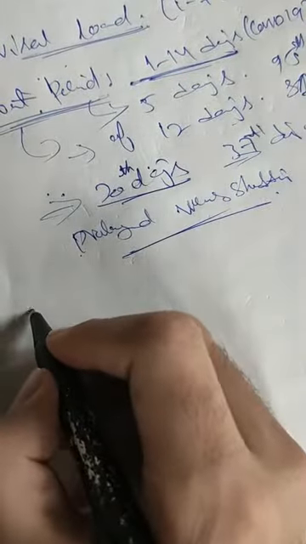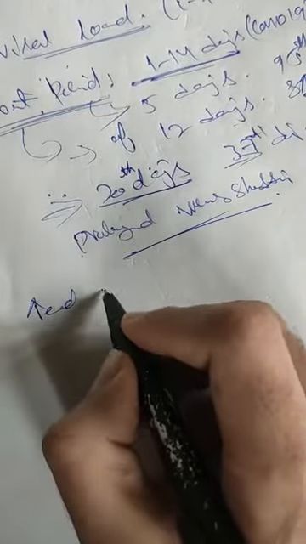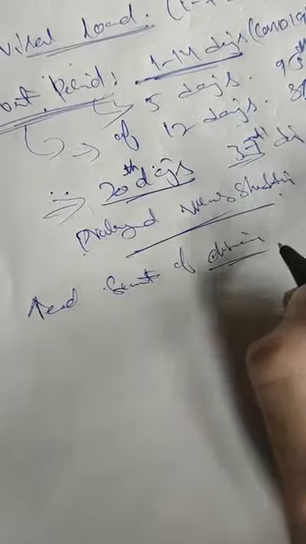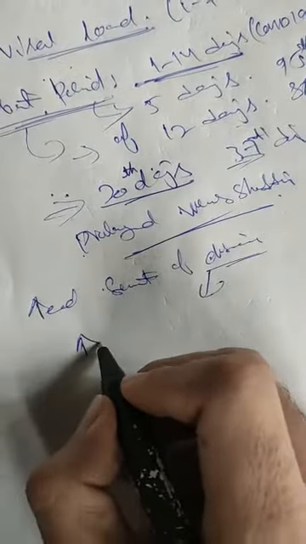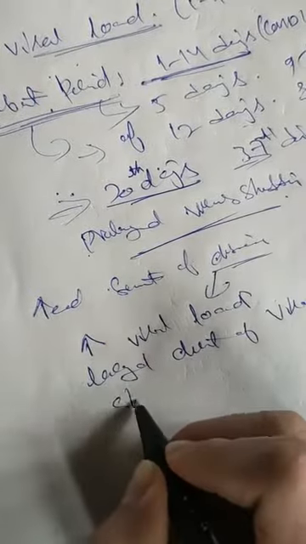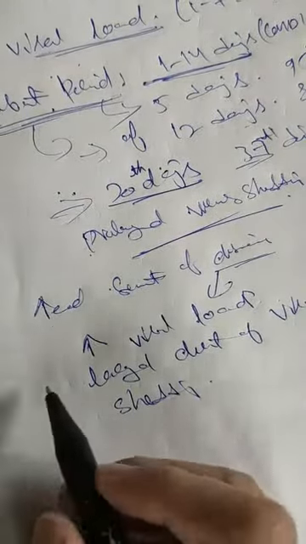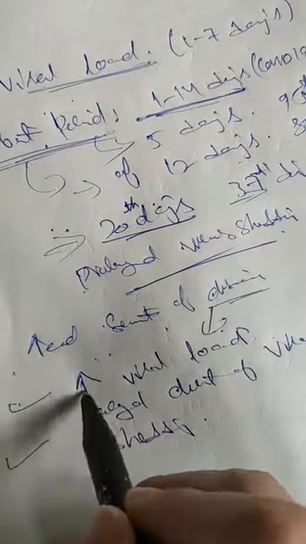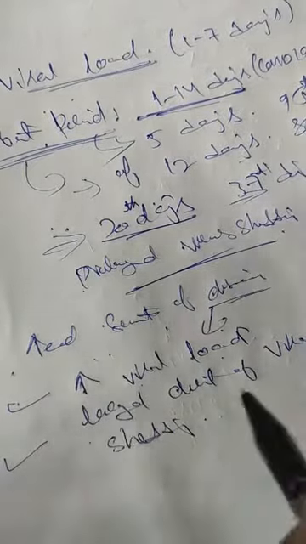Seeing this scenario of 20 days and 37 days, increased severity of disease is associated with higher viral loads and a larger duration of viral shedding.